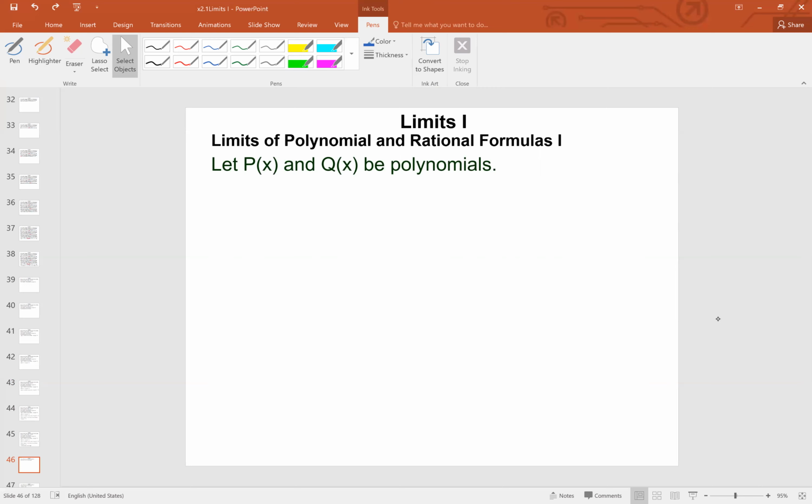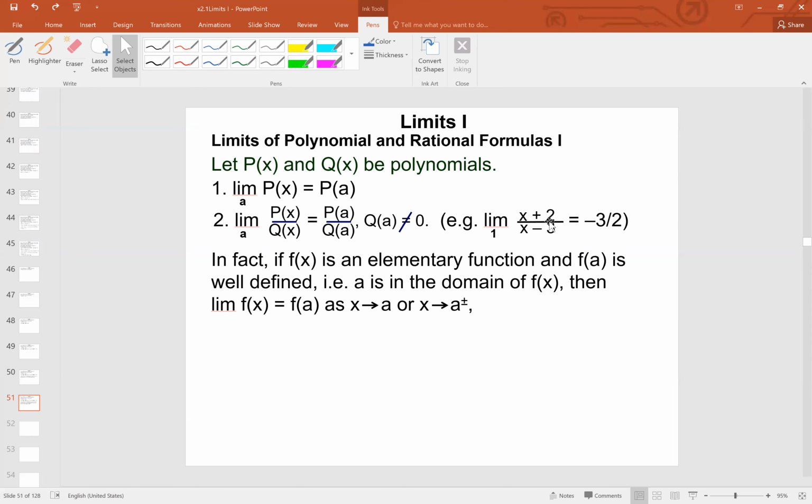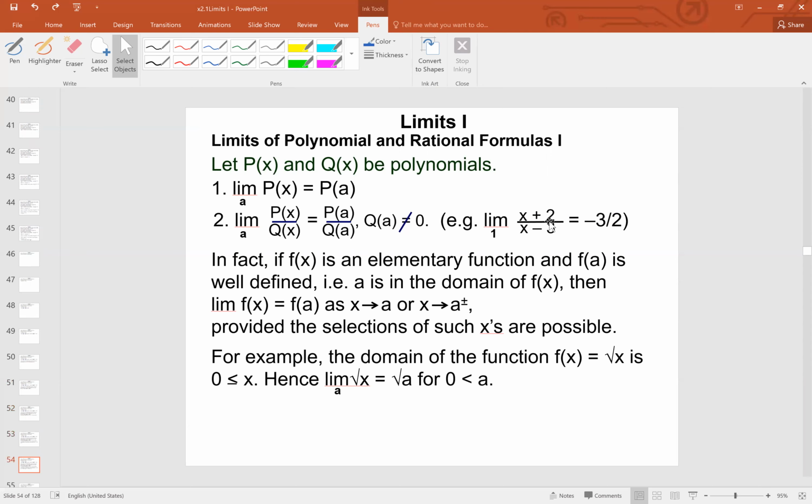In polynomials and rational formulas, you can just plug in the numbers. It's exactly what you expect it to be. So for example, here's a rational formula, and x becomes closer to 1. All you have to do is plug in the 1, so the top is 3, the bottom is minus 2, so the answer is minus 3/2. The quotient becomes closer to minus 3/2.